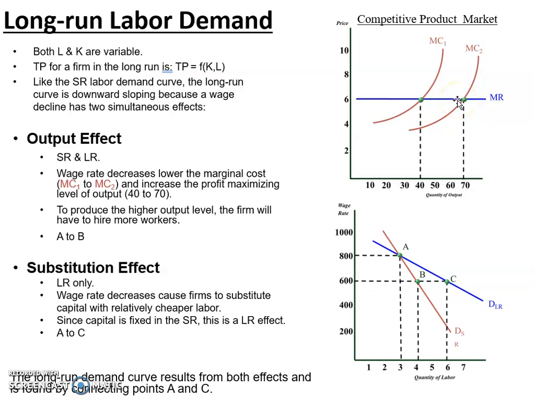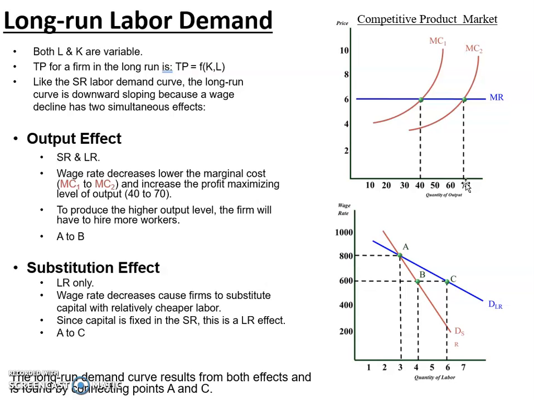So this firm would ramp up its production from 40 to 70 as a result of the lower marginal costs via the lower wages. We call this an output effect because if the firm is going to ramp up from producing 40 to 70 units from the lower wages, then it's going to need to hire more workers to make that happen. So the output effect of a lower wage is the firm will hire more workers.